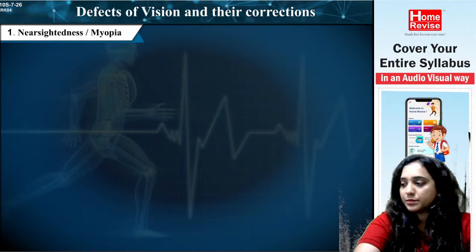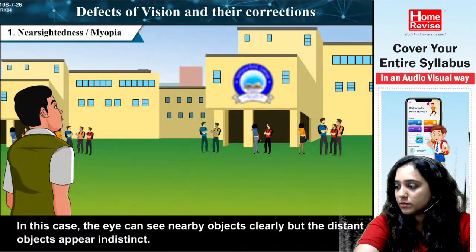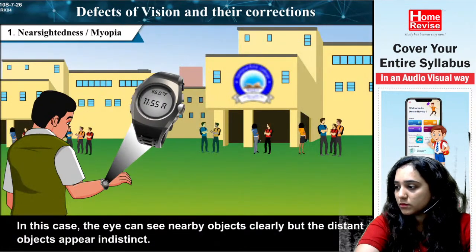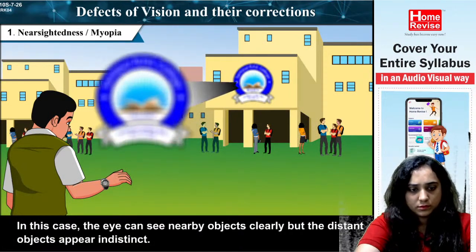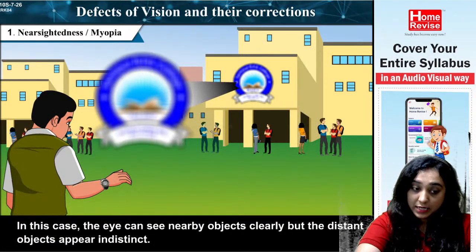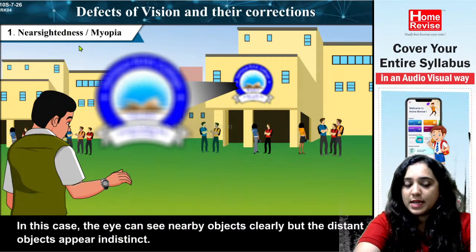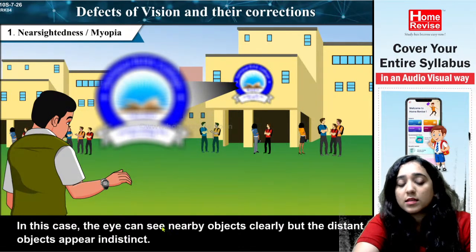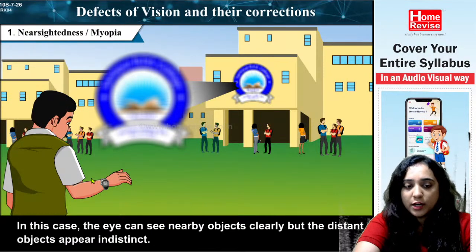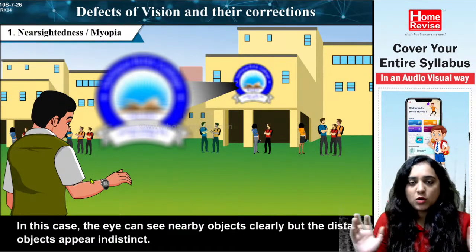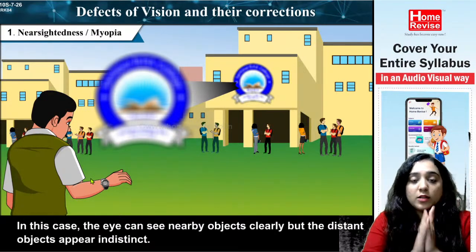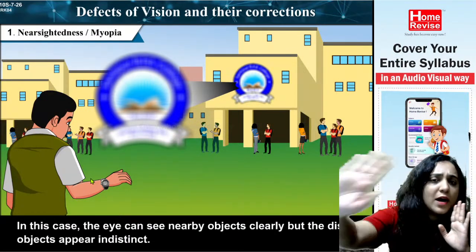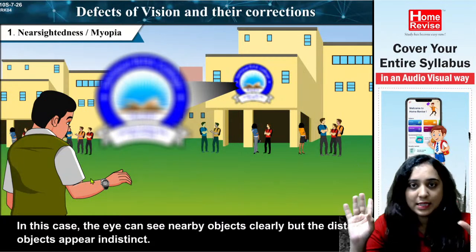Okay? In this case, the eye can see nearby objects clearly, but the distant objects appear indistinct. Yes. So in nearsightedness, the eye can see nearby objects clearly. The things that are nearby, you are able to see clearly, but the objects that are at a very far distance, you are not able to see.